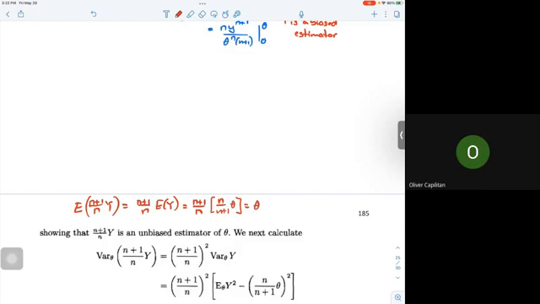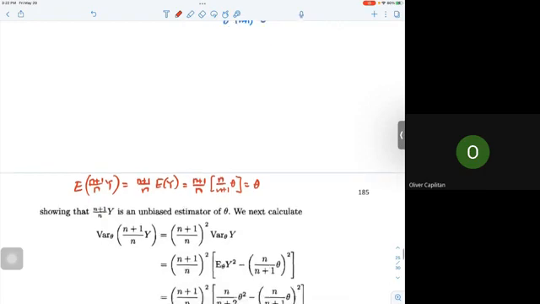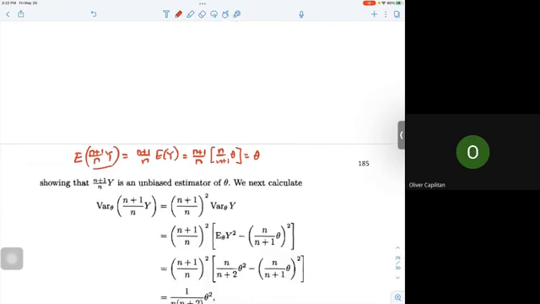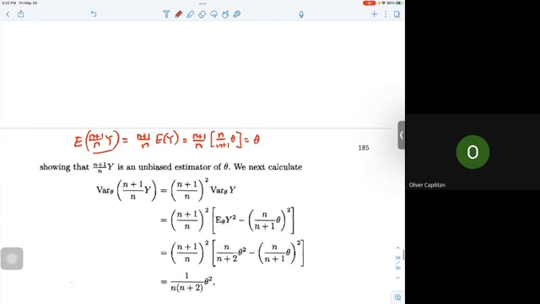And after that, we're going to calculate the variance. This expression is also an unbiased estimator of our parameter. If we're going to compute the variance of this unbiased estimator, the first equality here is by the property of variance.